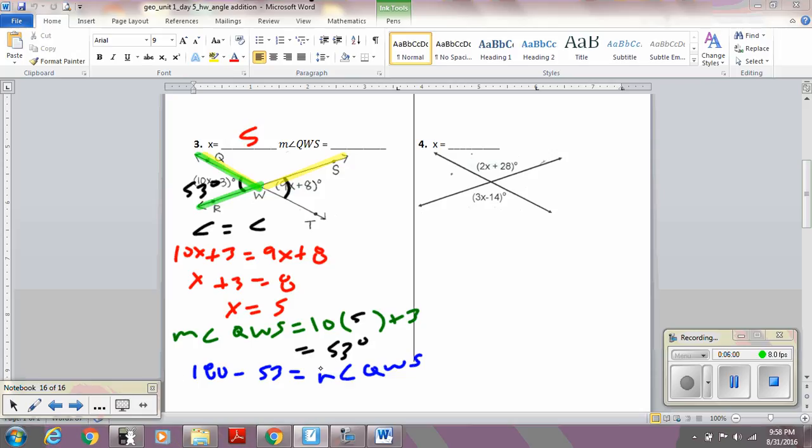So 180 minus 53 would give me 127 is the measure of angle QWS.